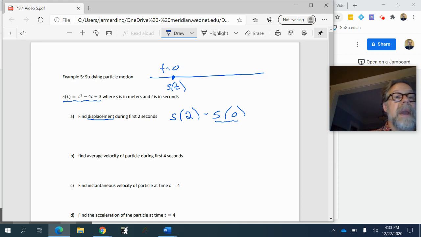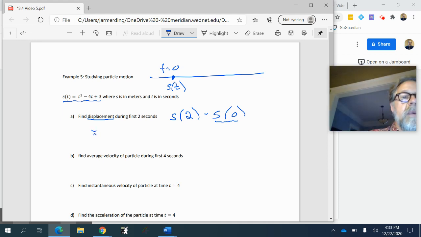So doing some quick calculations, S of 2 minus S of 0, we get that this is equal to -4 meters, which means that it's actually moved backwards. It's moved to the left. So its initial velocity is in fact in that direction.